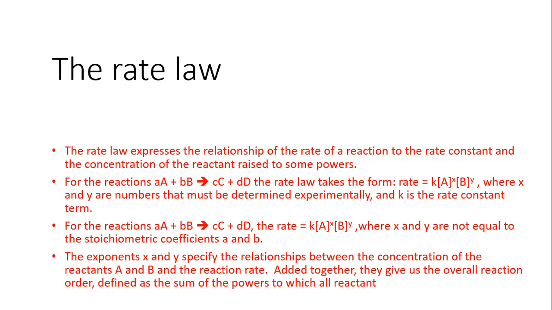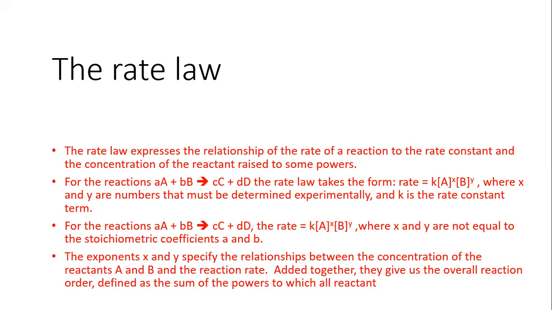Small a and small b are stoichiometric coefficients, giving, after reacting, c molecules of capital C product and small d molecules of capital D. The rate law takes the form rate = k[A]^x [B]^y, where x and y are numbers that must be determined experimentally and k is the rate constant term.